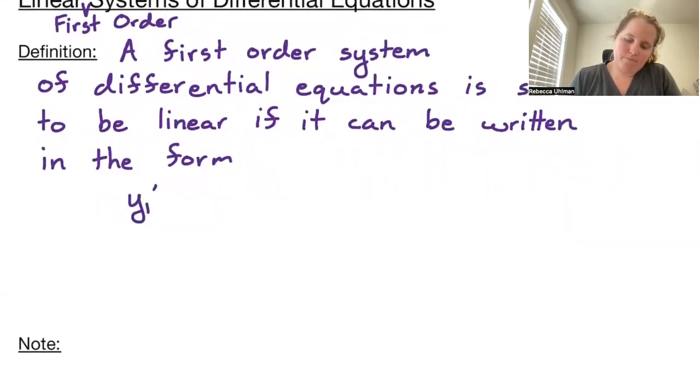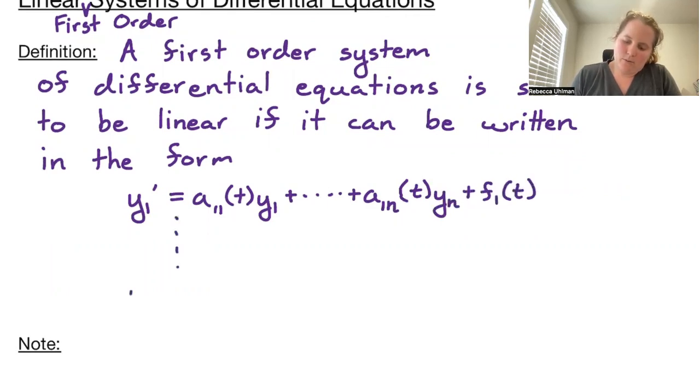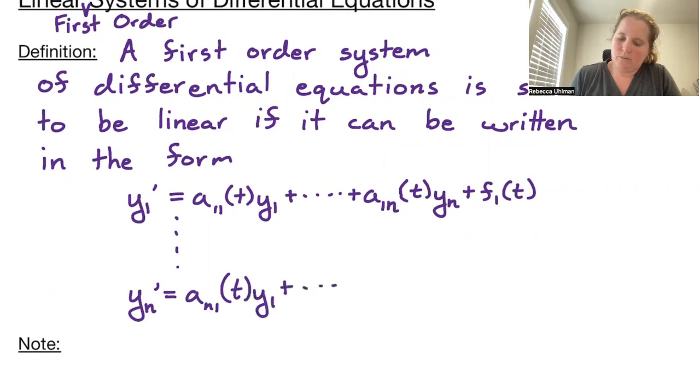y1 prime is equal to a11 of t times y1 plus all the way up through a1n of t times yn plus f1 of t, all the way through yn prime is equal to an1 of t y1 plus up through ann of t yn plus fn of t.